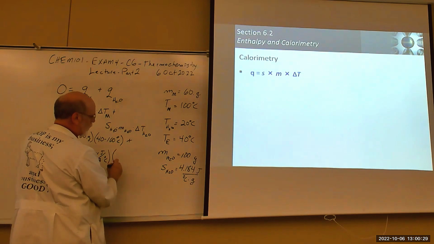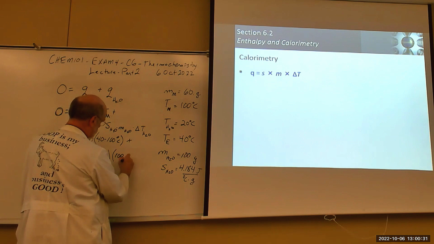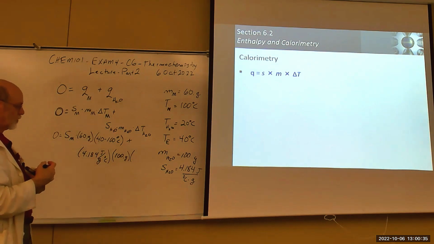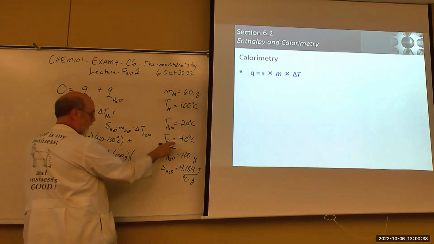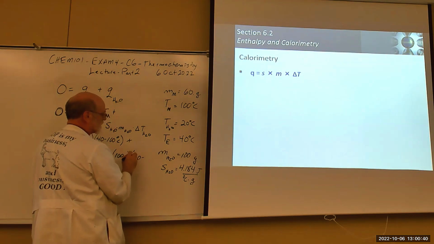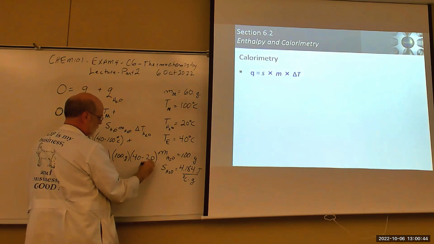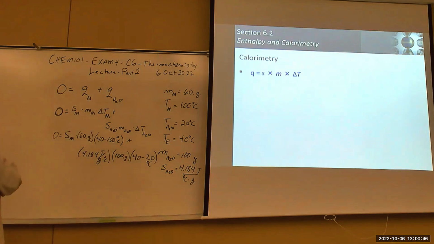And then the mass of the water is 100 grams. And what's the change in temperature? Well, the final, which is 40, minus the initial, which for water is 20 degrees C. Okay?